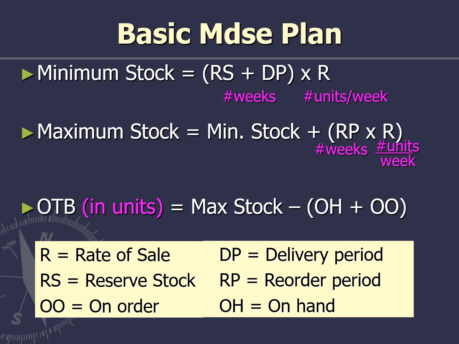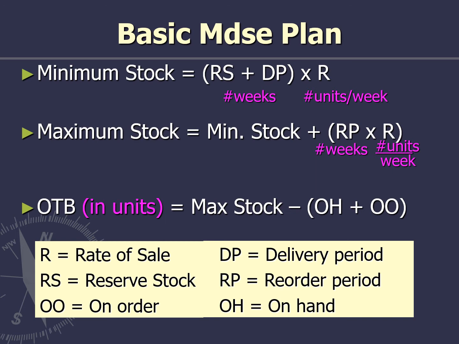So when we have our maximum stock figured out in the manner that we saw in the previous formula, then the open to buy, which is how many units we can buy from now on, at any given point of time, can be calculated as the maximum stock requirement minus how much we already have on hand in the store, and minus how much is already on order and coming.